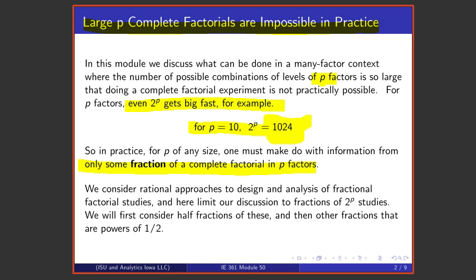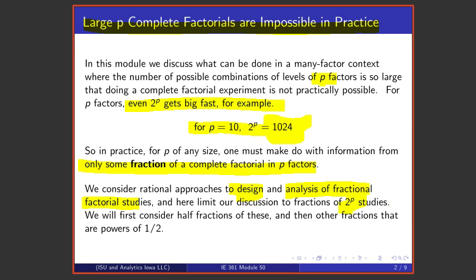We're going to consider rational approaches to both the design, which amounts to how do we choose which combinations to observe, and then subsequent analysis of fractional factorial studies. We're going to limit our discussion here to fractions of 2 to the p studies.